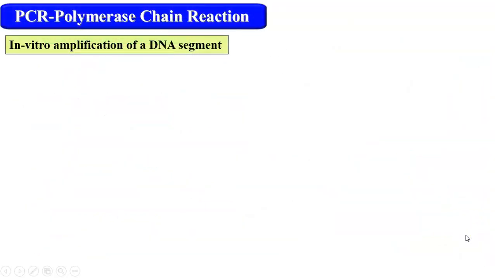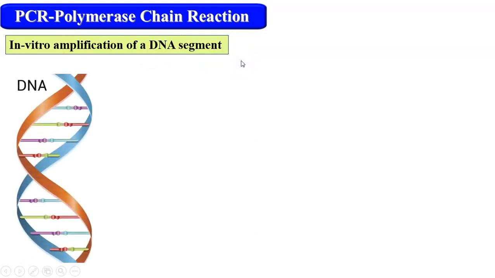Let us consider the next technique, and that is polymerase chain reaction. It is used for in vitro amplification, that is multiplication done in the laboratory outside the living cell of a DNA segment.